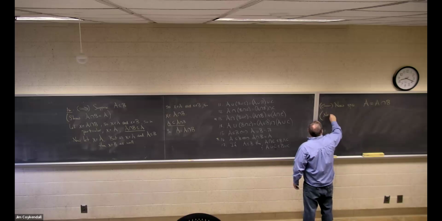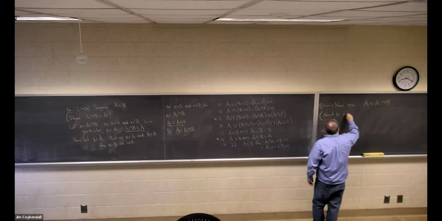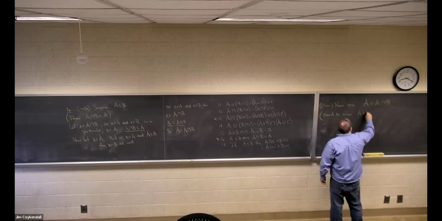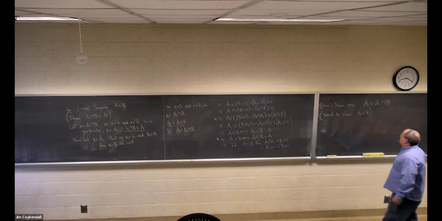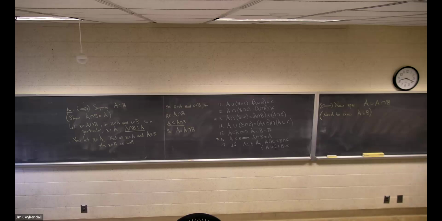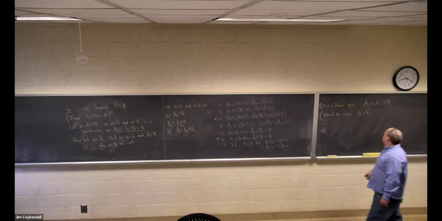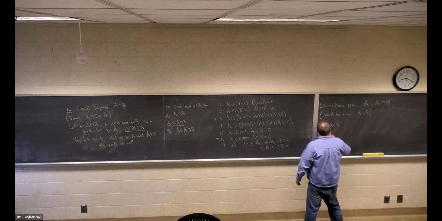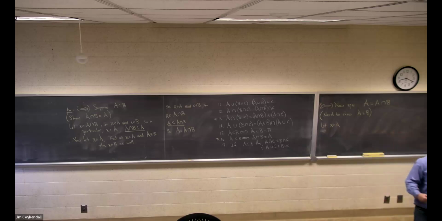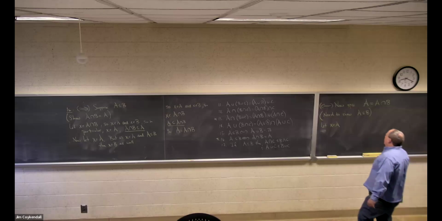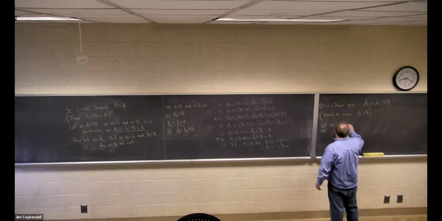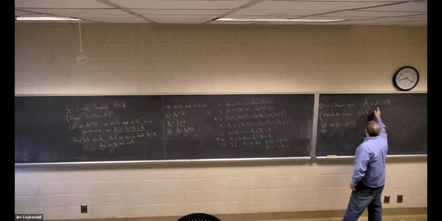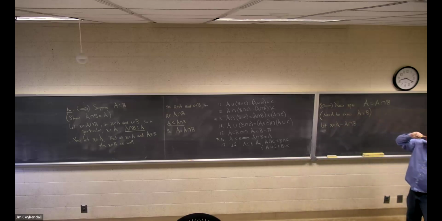We need to show that A is contained in B. So let X be in A, and we need to show that this X also lives in B. Let X be in A, but A is equal to A intersect B by our assumption.